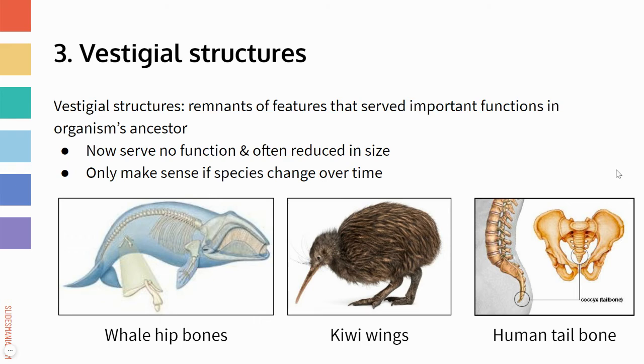One thing you're maybe noticing is that all of these structures are small and kind of sad looking in terms of their size, like the remnant of the tailbone or the remnant of the hip bone. That's because there's a cost to keeping a structure around that doesn't do anything.